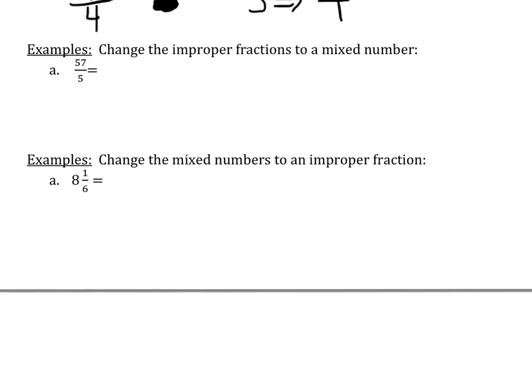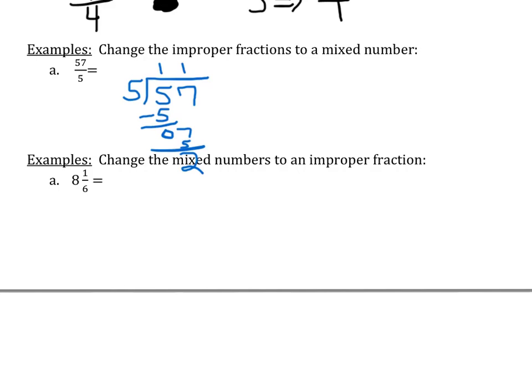In this first example here, we have 57 over 5, and I want to change that to a mixed number. Well, in order for me to do that, I'm going to have to figure out what my whole number is, right? And if you wanted to, you could use long division to divide 5 into 57. It goes in at most 11 times with the remainder of 2.